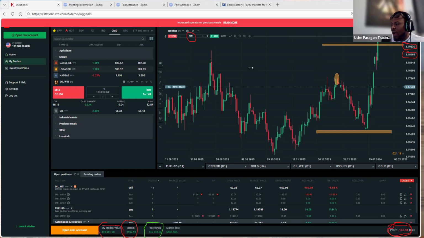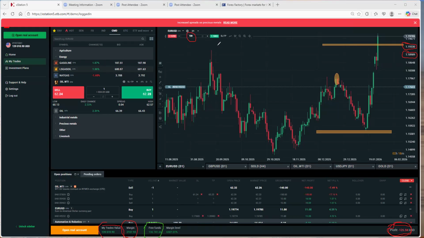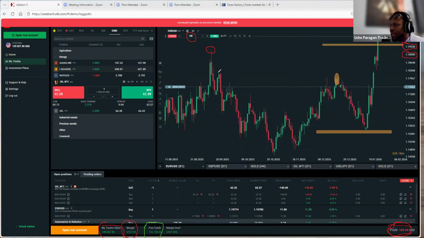So the reason why we gave you that sell instruction was not because of any fundamental. It was technical. This market has gotten to this point where it came down heavily before in the past. Then it broke this point, then went up to this point, and there's a gap here.